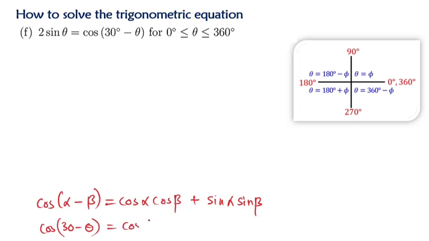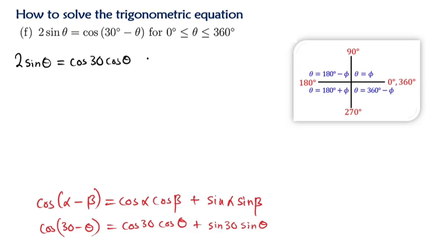So this will be cos 30 cos theta plus sine 30 sine theta, like that. So let me rewrite the whole thing. So I have 2 sine theta is equal to, applying that identity gives us, cos 30 cos theta plus sine 30 sine theta, like that.